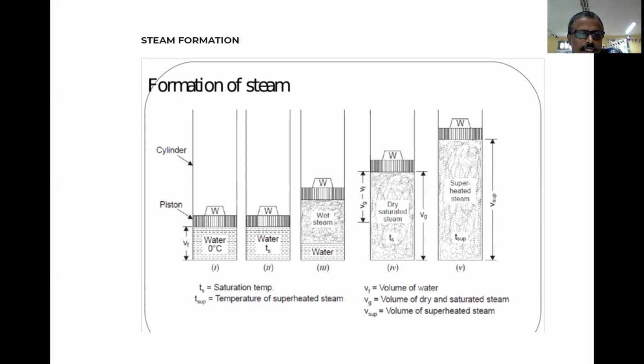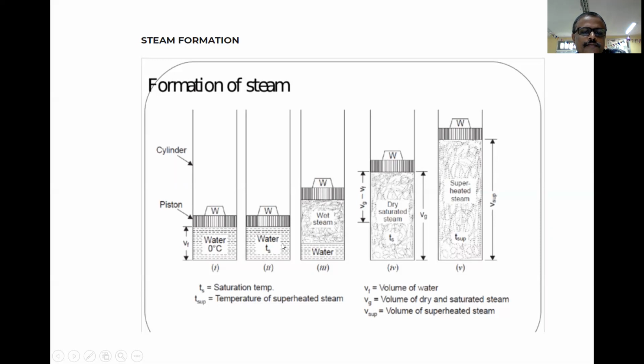Water at 0 degree centigrade is taken, then it is heated till the boiling point is reached. That you can see in the second diagram. In the first diagram, water is there at 0 degree centigrade.